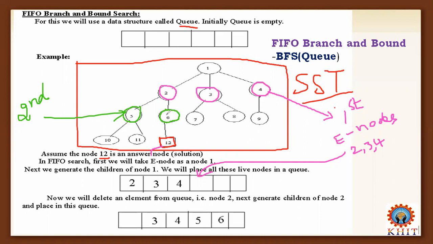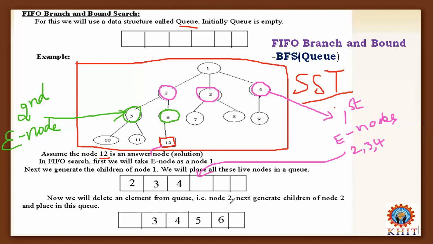These node 5 and node 6 are to be considered as E nodes, generated in the second iteration. And for those nodes, there are some child nodes, namely 10 and 11 are the child nodes of E node 5, and 12 is the child node of E node 6.